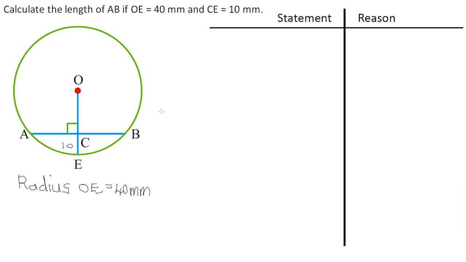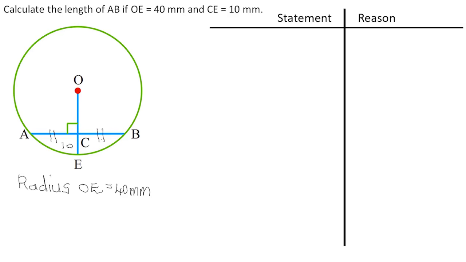Now, if you're looking at this diagram, they want us to calculate the length of AB. One thing to note here, because OE is perpendicular to AB, it means that AC will be equal to BC. And that is where we are at this stage.